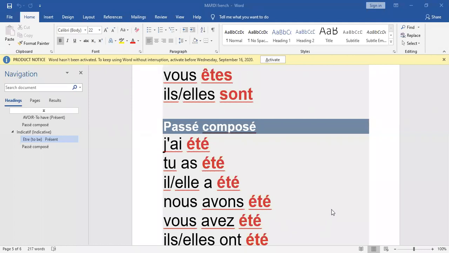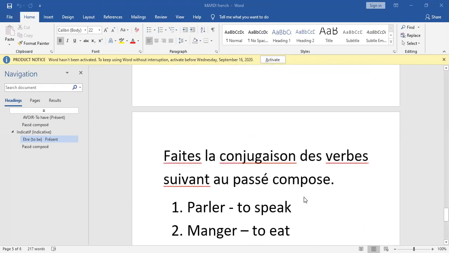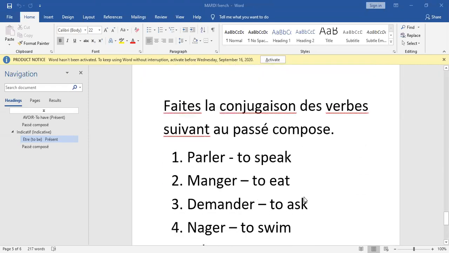Okay, believing that you must have finished copying, I'll give you some work to do. Maintenant, vous allez faire la conjugaison des verbes suivants au passé composé.